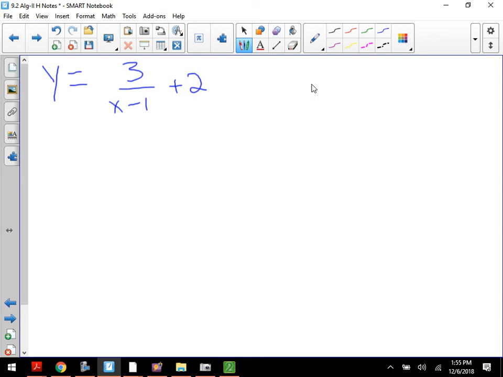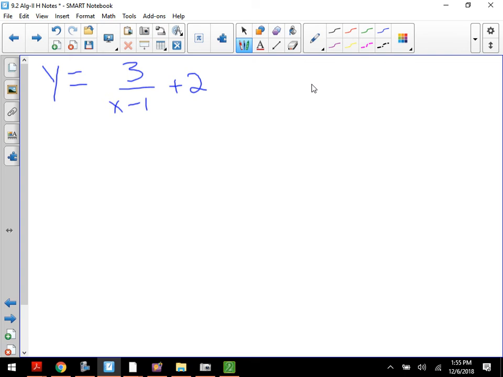So let's see. Obviously, this is the style that we did first because there's only one variable. And as you go through this, remember, I'm always going to ask that you write down your horizontal and vertical asymptotes, label them, and then plot them. But I ask that you make that little table chart to get your ordered pairs and plot them all through.